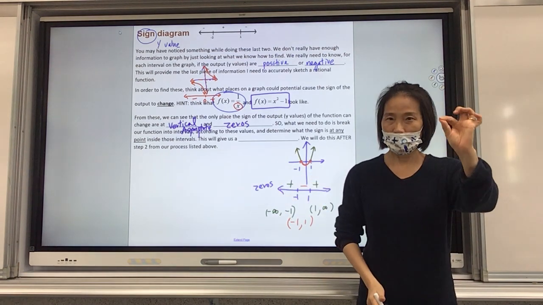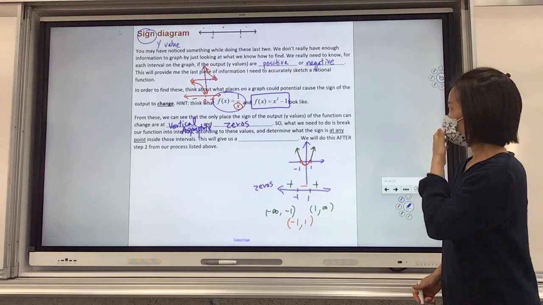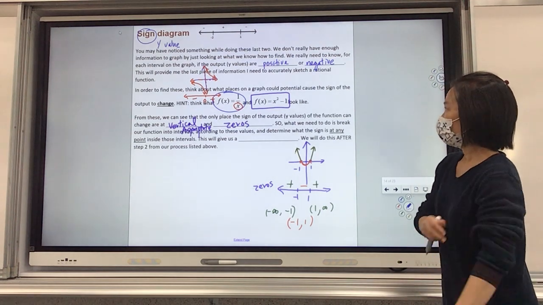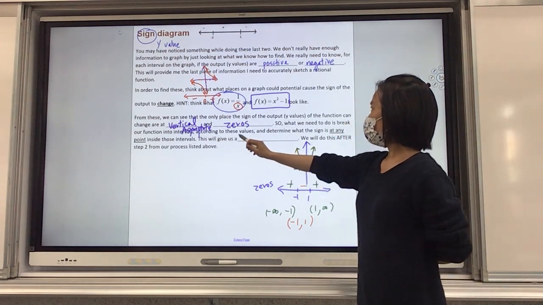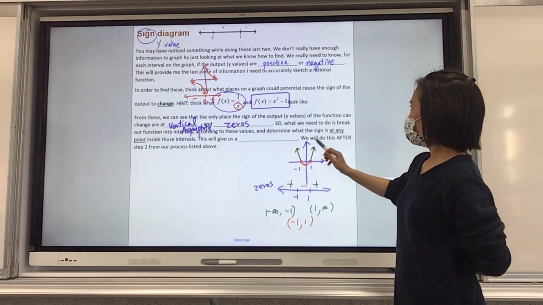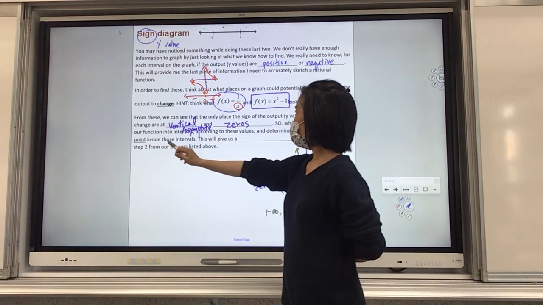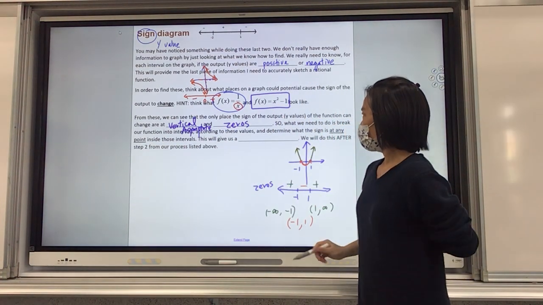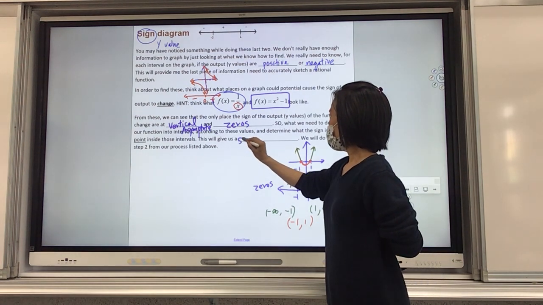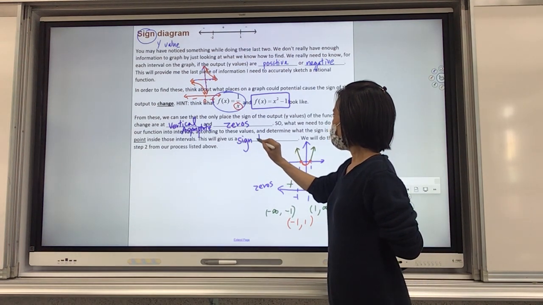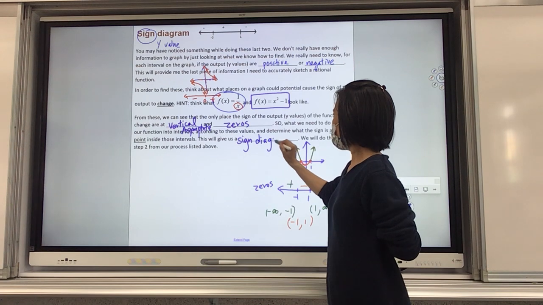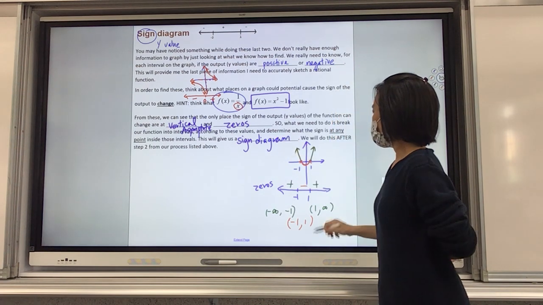Test, see if it's positive or negative. According to these values, determine what sign is at any point in that interval, and it will give us a sign diagram. Sign diagram of the y value.